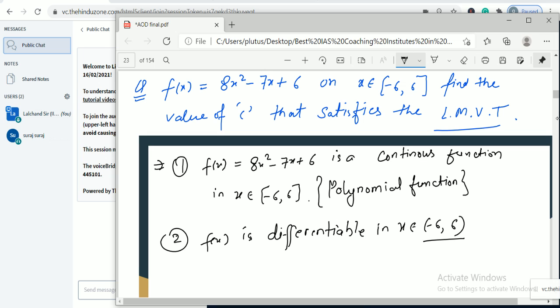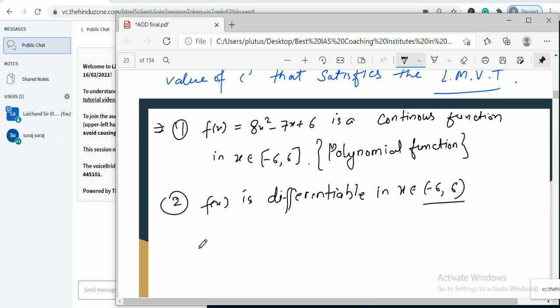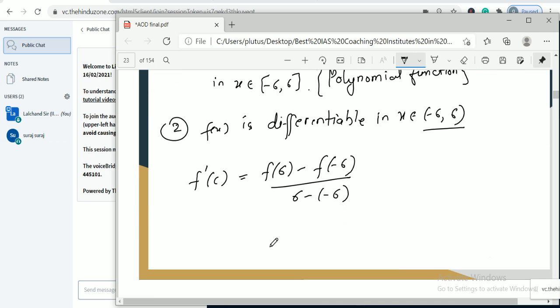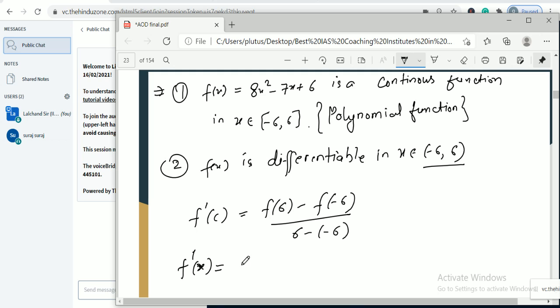So what is Lagrange's mean value theorem? f dash c is equal to f of 6 minus f of minus 6 divided by 6 minus of minus 6. So if we substitute the values, what is the value of f dash c? Let's first find f dash x. Differentiating this equation, f dash x is 16x minus 7.